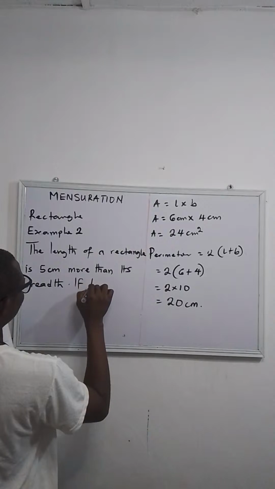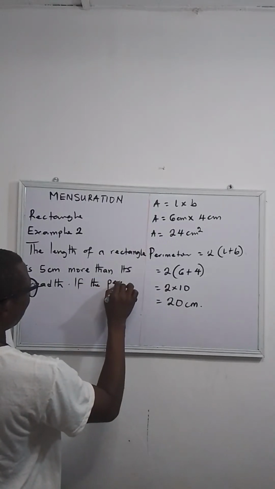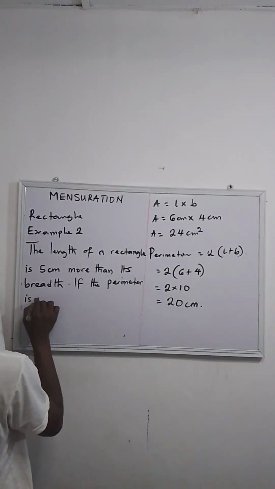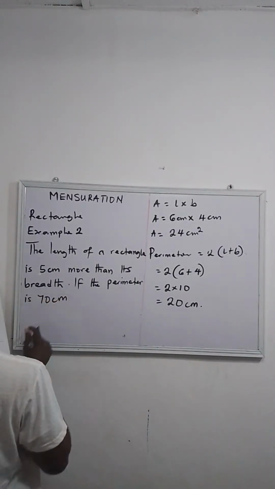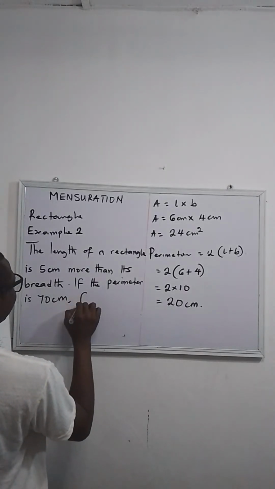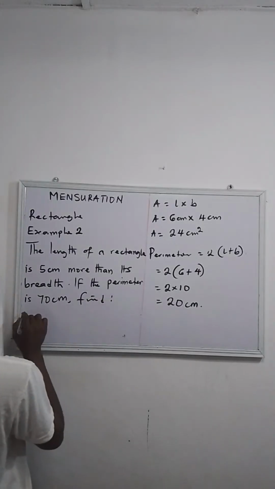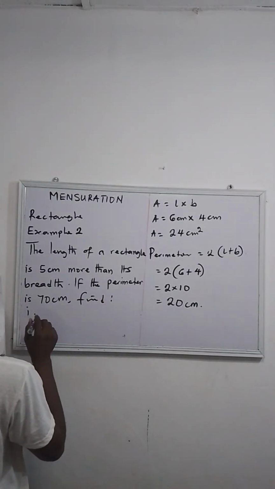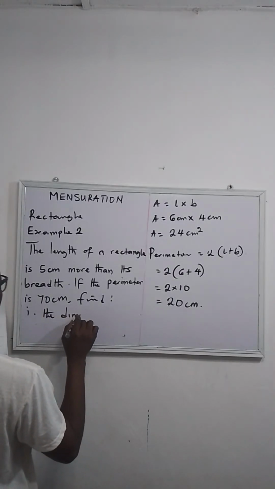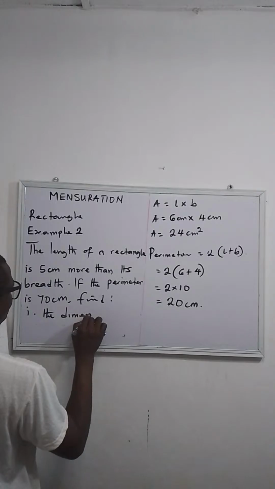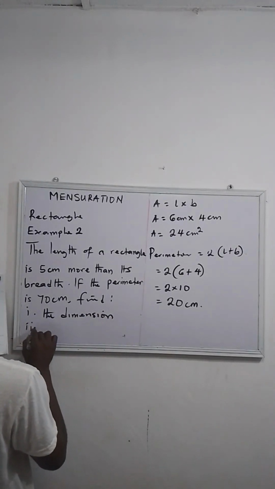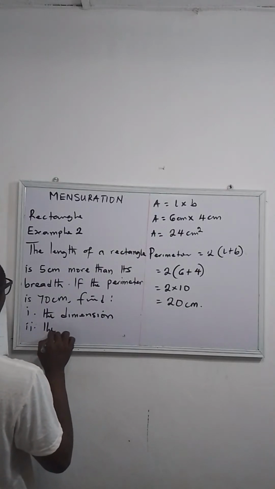If the perimeter is 70 centimeters, find, Roman numeral 1, the dimensions, and Roman numeral 2, the area.